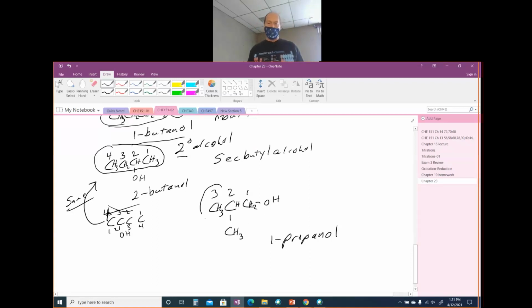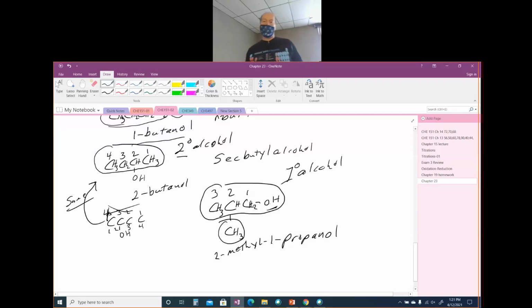When I name 1-propanol, I have named 3 carbons and the OH. I have not yet named this CH3 coming off of carbon 2. This is then a 2-methyl-1-propanol. I also see that my OH is connected to a CH2 connected to 1 other carbon group. This is a primary alcohol.